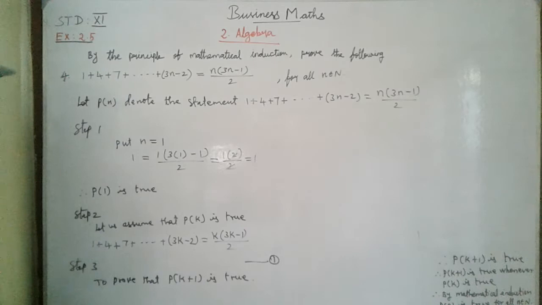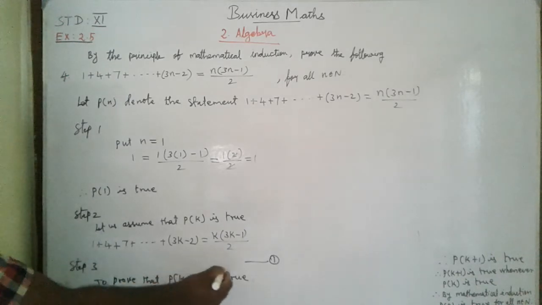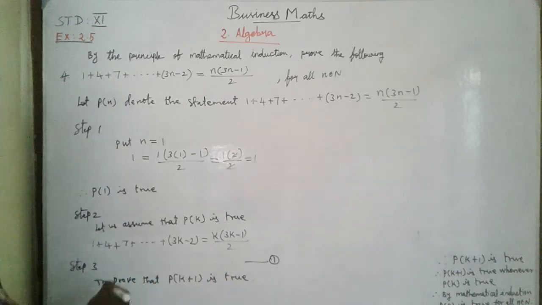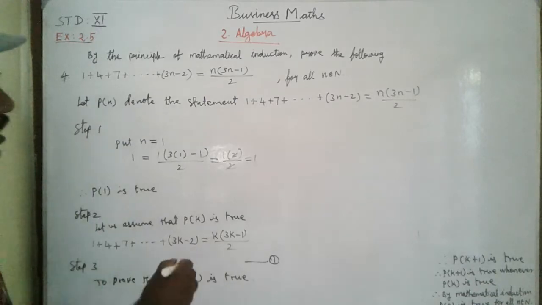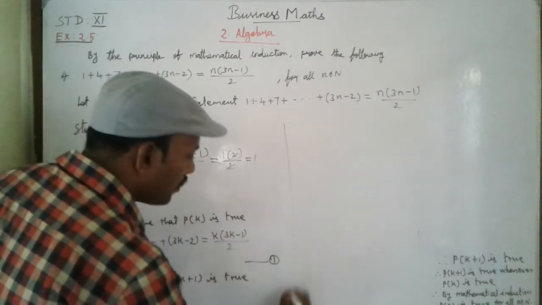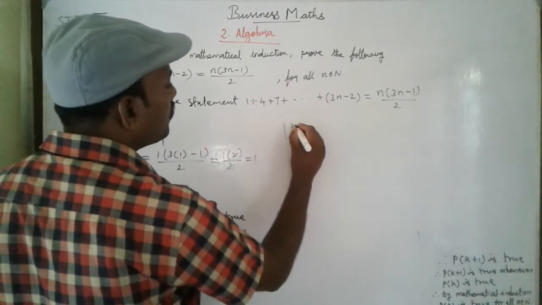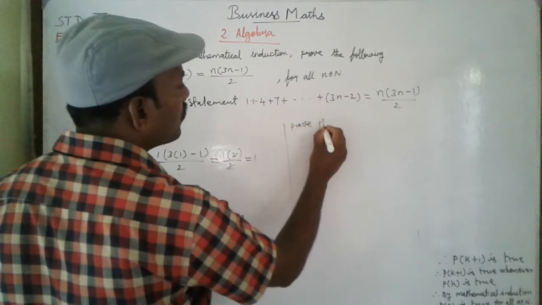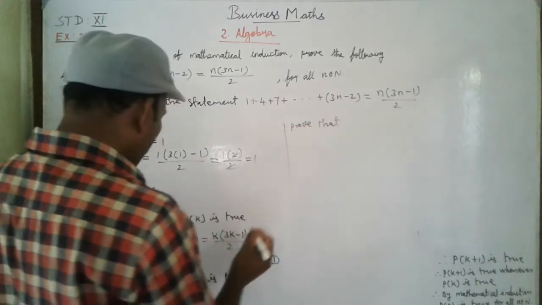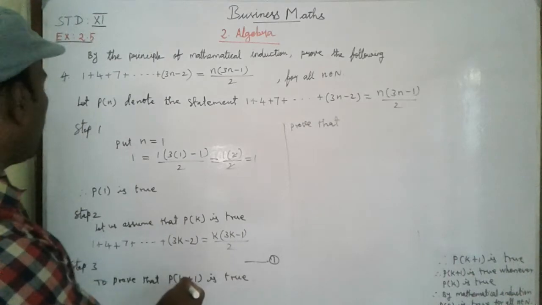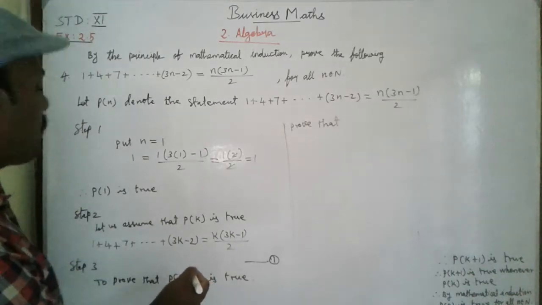Step 3, to prove that P of k plus 1 is true. We have to prove P of k plus 1 is true. So what do we prove? P of k plus 1. k is what? k plus 1, we should substitute.